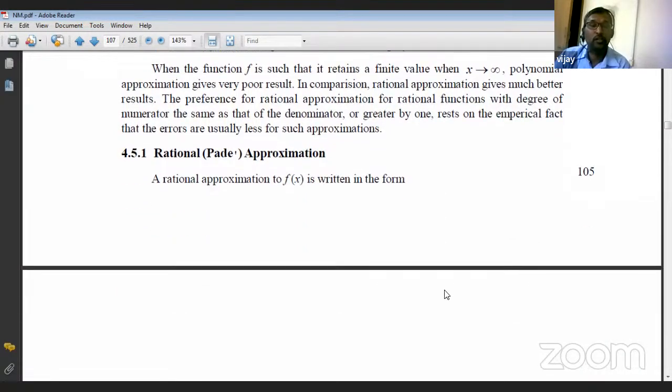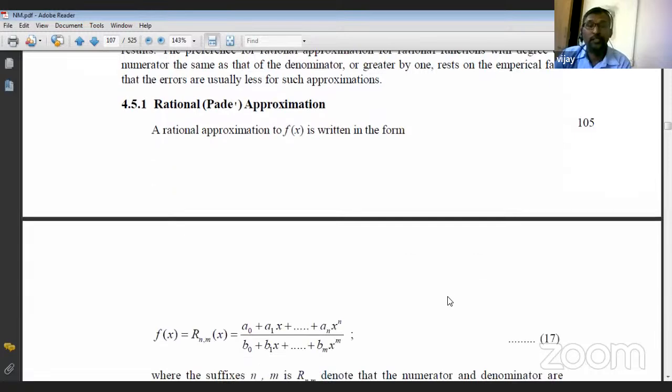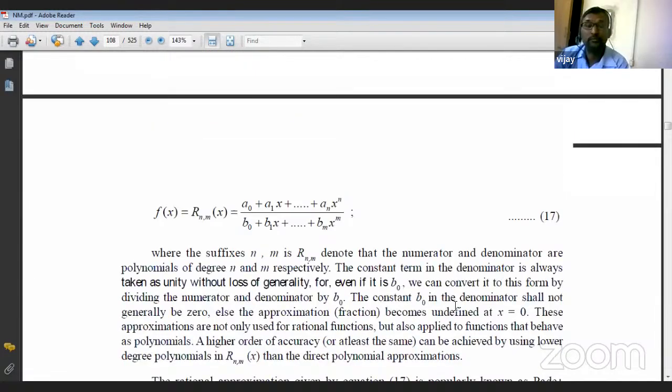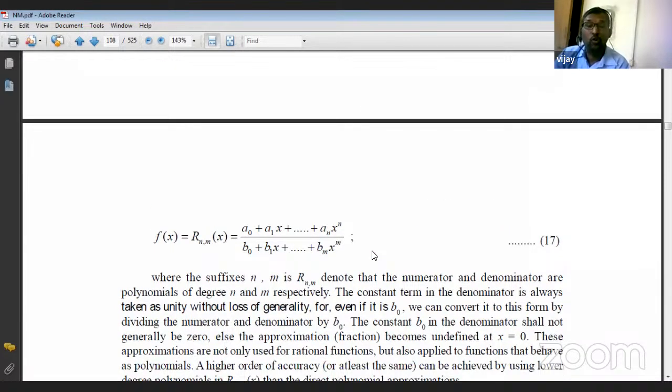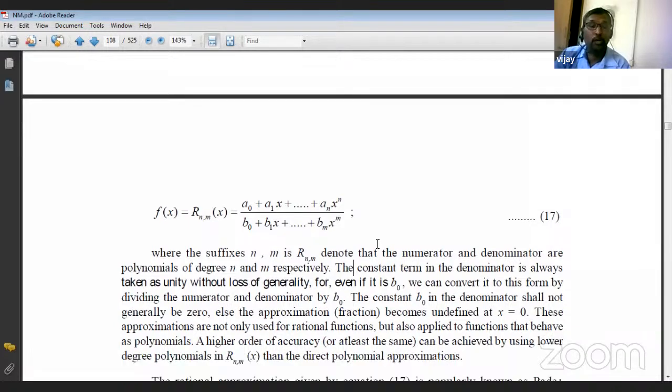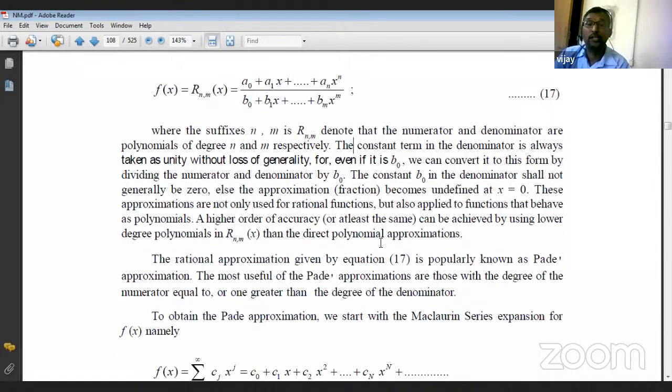The rational approximation of f of x is written in the form r_{n,m}(x) equals a0 plus a1 x plus ... plus an x^n, over b0 plus b1 x plus ... plus bm x^m, where the subscripts n, m indicate the degrees of the numerator and denominator respectively.